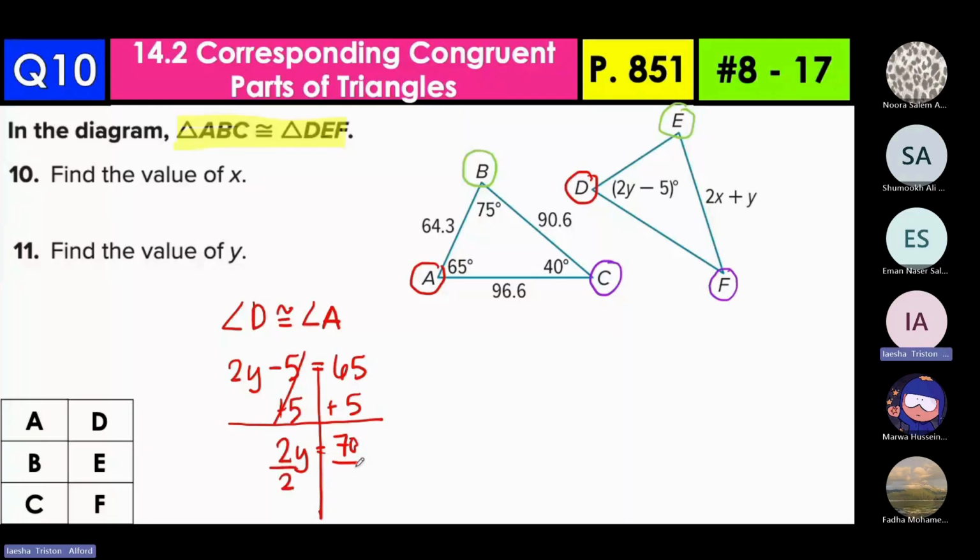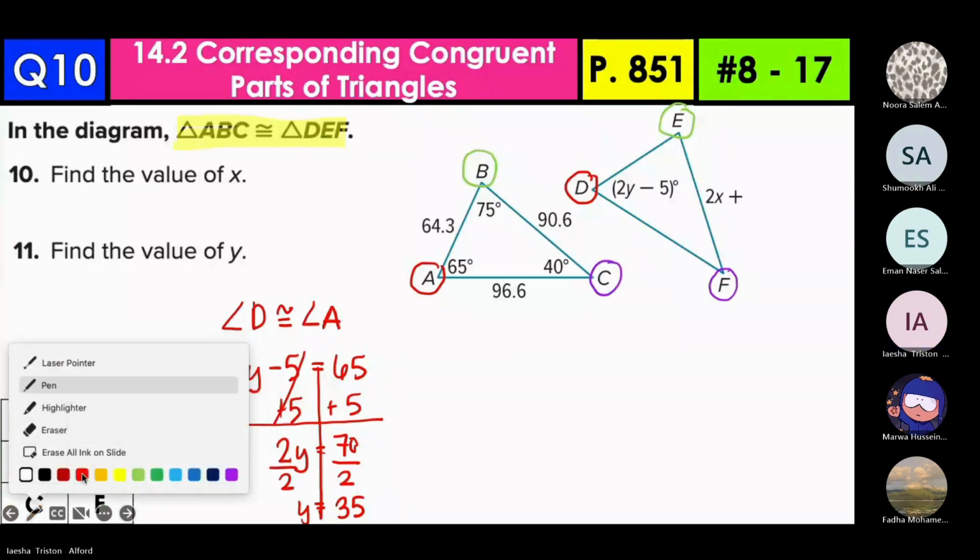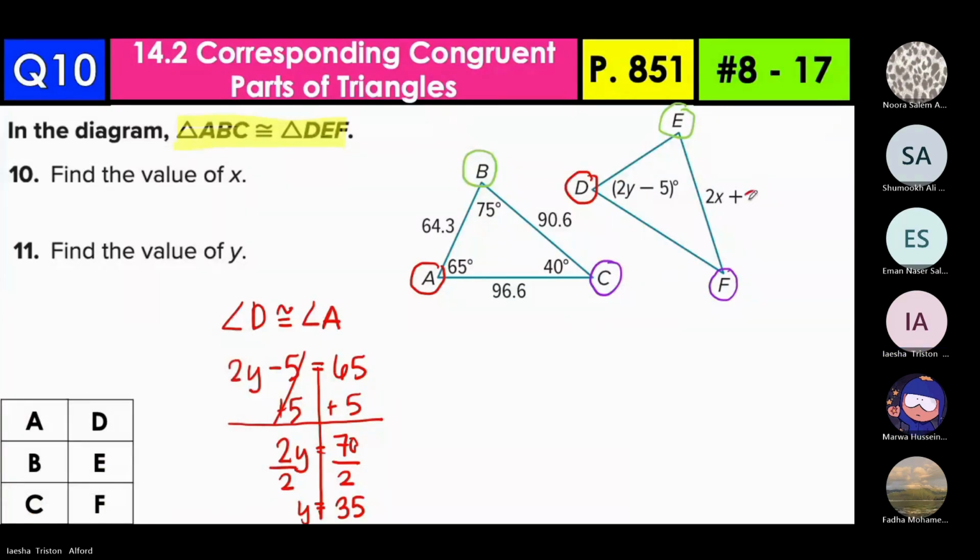Divide by 2, divide by 2. Y is going to be 35. So what happens now? We can delete this y and put what number there? 35.